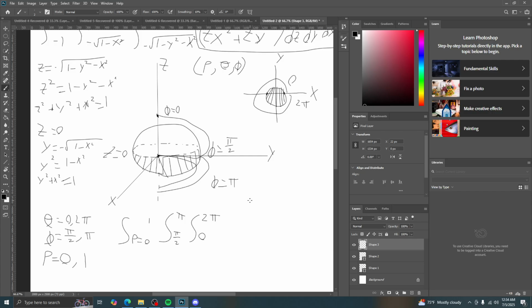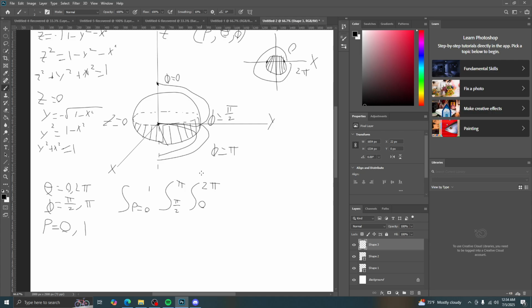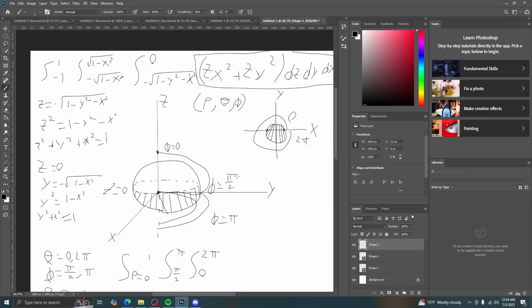So now we just have to plug stuff into the formulas. You're going to have to memorize this. Same thing with cylindrical, where x equals r cosine theta and y equals r sine theta.